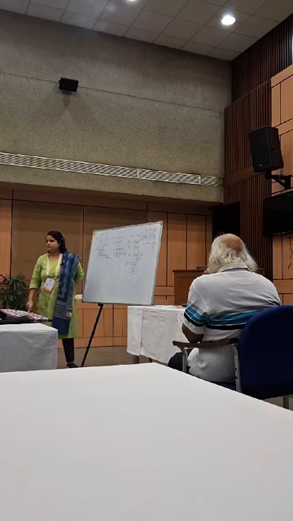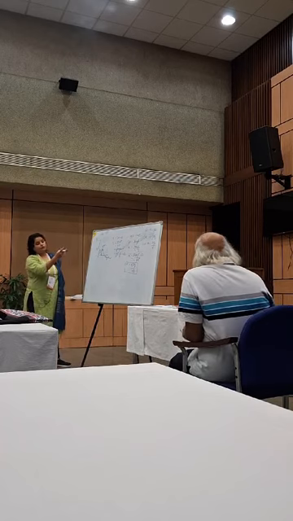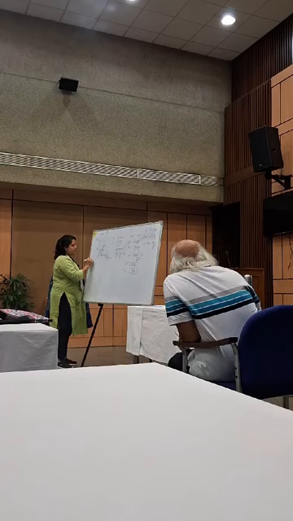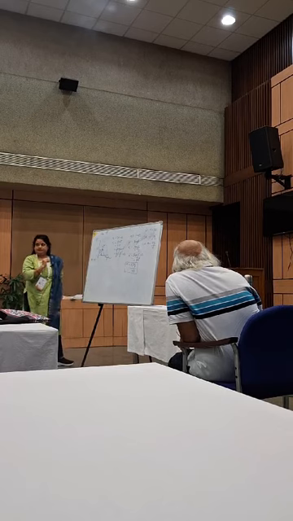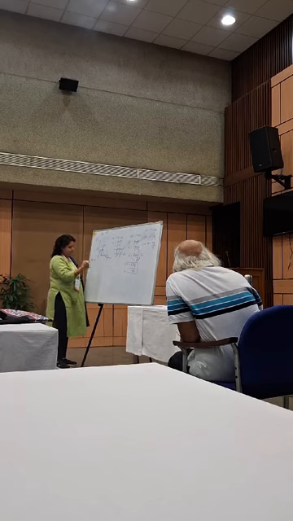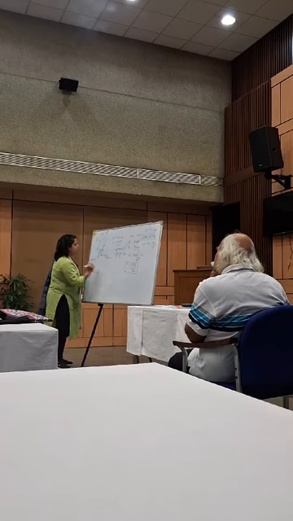Is it clear? So let us find out omega. For the second portion, we have to find out omega, my angular velocity. So I am again making the diagram.